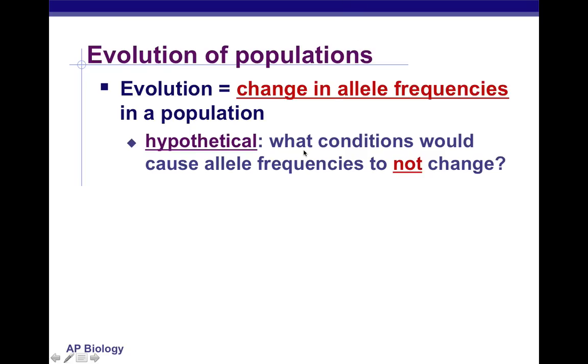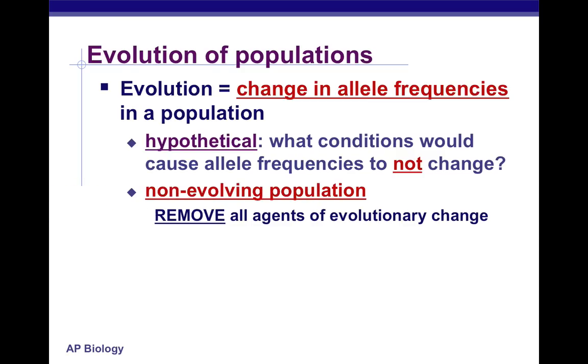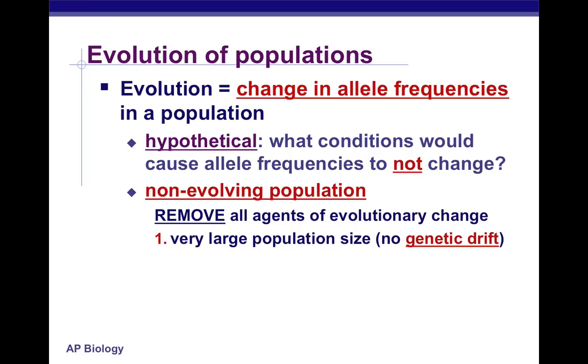So what scientists did is they came up with what's called a null hypothesis. Basically, what would happen if allele frequencies did not change, or what would need to happen to cause the allele frequencies not to change. So how to stop evolution. So scientists basically came up with these qualifications.